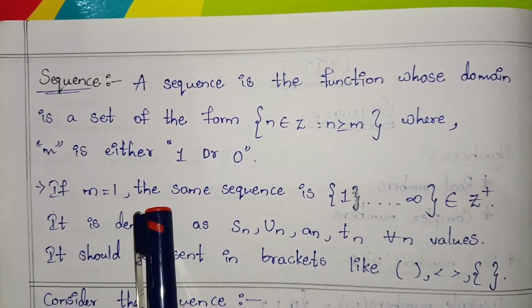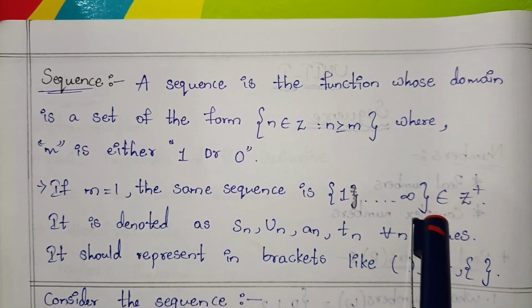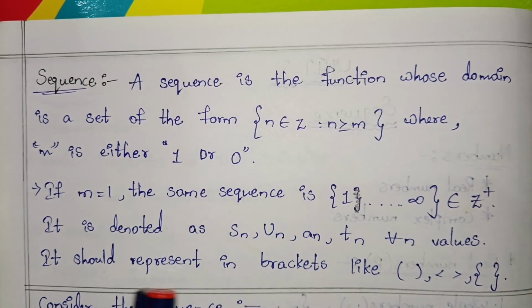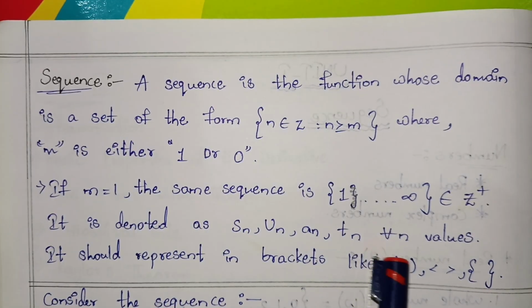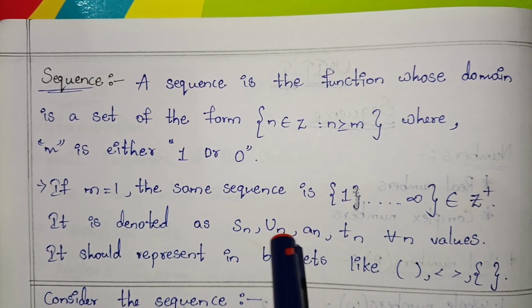So if m is equal to 1, the domain is 1 to infinity and it belongs to Z plus. A sequence is denoted with Sn, Un, An, Tn for n values.